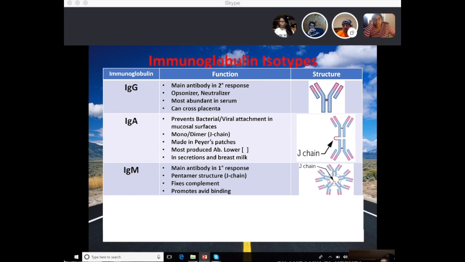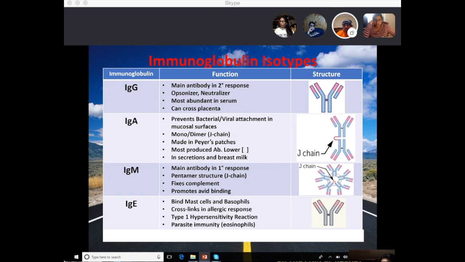They are the main player in type 1 hypersensitivity reaction, and also in parasite and helminth immunity with the help of eosinophils.